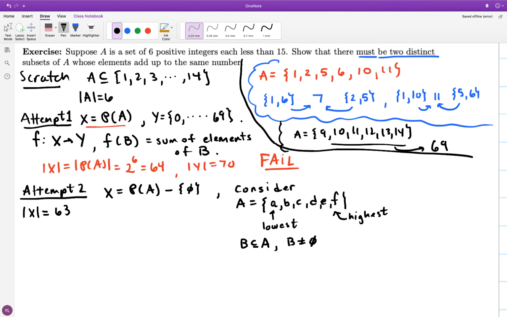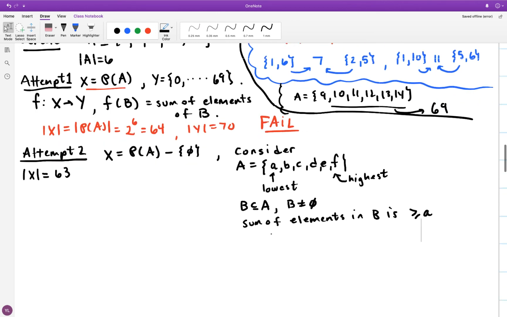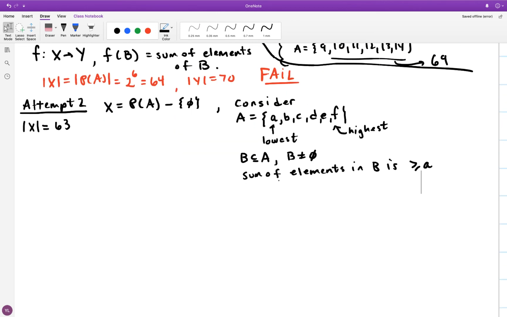And the smallest number in the set is lowercase a, so the sum of the elements in B is at very least a. It's at least the value a. And that's the worst case: the smallest set you could possibly have would just be the singleton a, and the sum of those elements would be a, and a is the lowest number that's in there. Okay, what about at biggest?